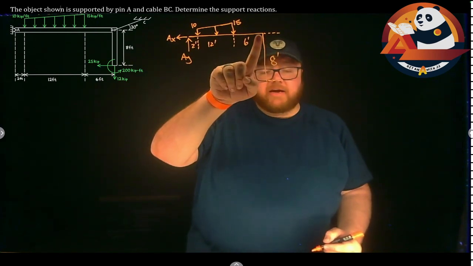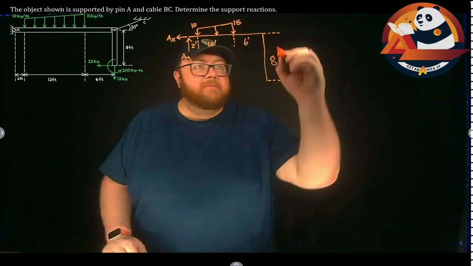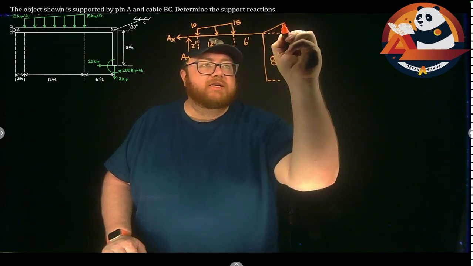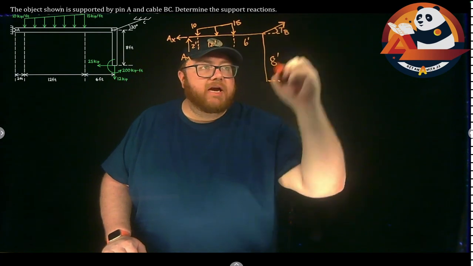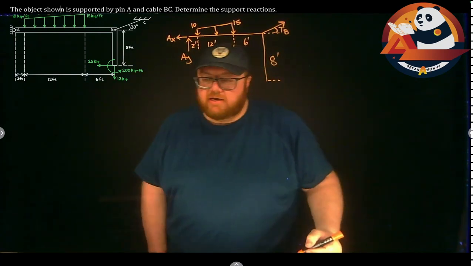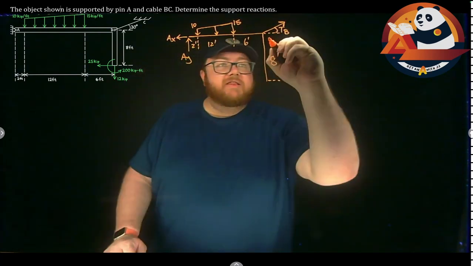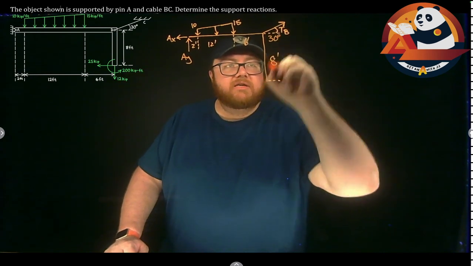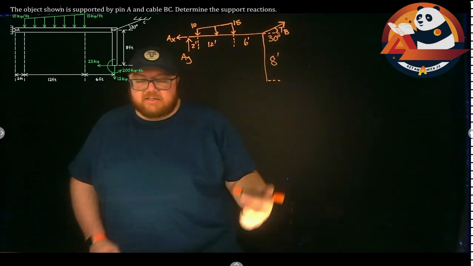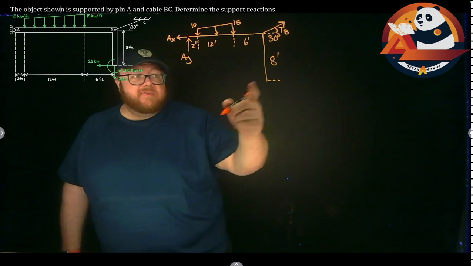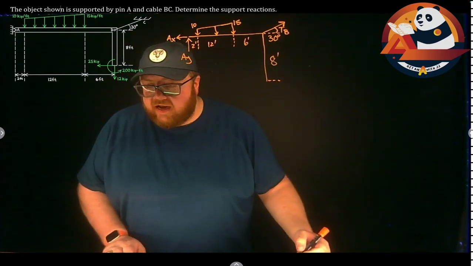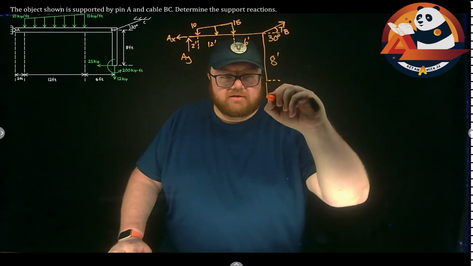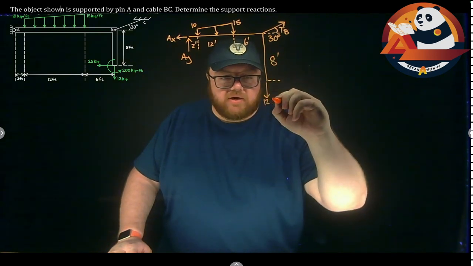At my corner right here, I have my cable. I know cables always have one force in tension, so I can come in right here and put in a tension in cable BC, or just TB, that's what I'm going to call it. And given that is a 30-degree angle, so we know the angle as well. At the bottom of this, 8 feet down, I have going straight down a 12 kip force. Straight down, 12.